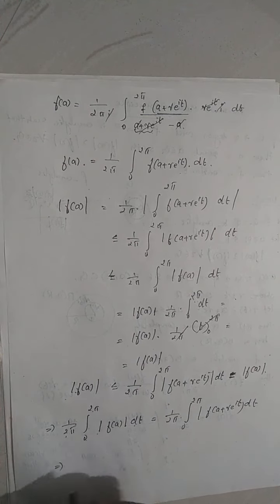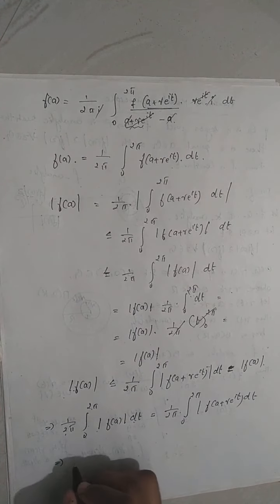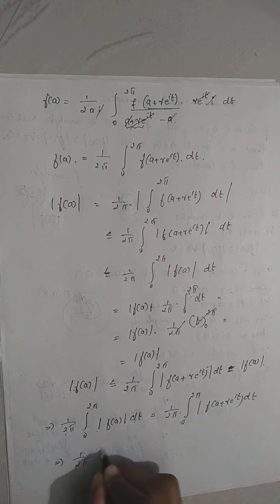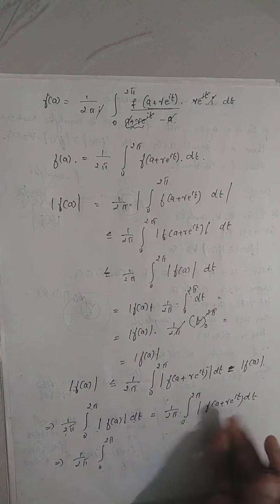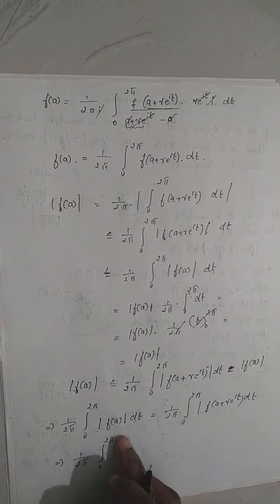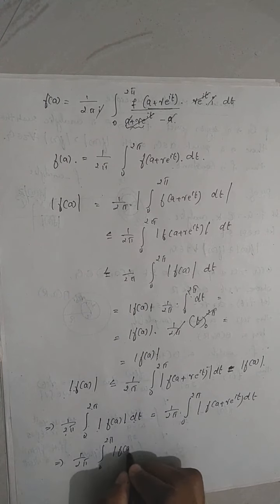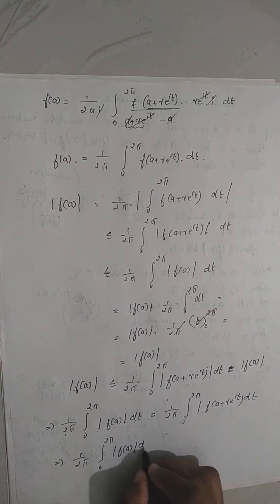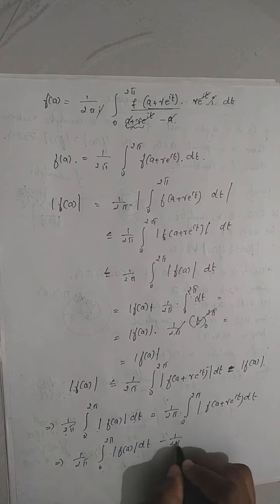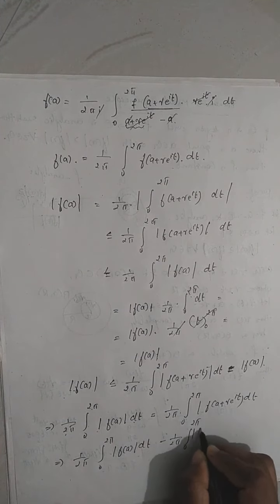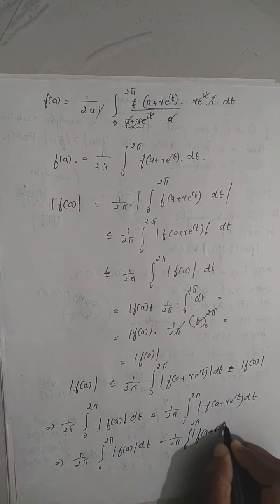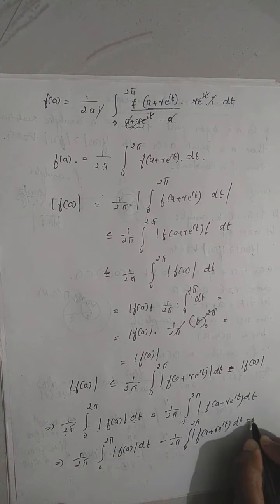So which implies 1 by 2 pi integral 0 to 2 pi, all this term can be written here. So mod f of a dt minus 1 by 2 pi integral 0 to 2 pi mod f of a plus r e raised to i t dt is equal to 0.